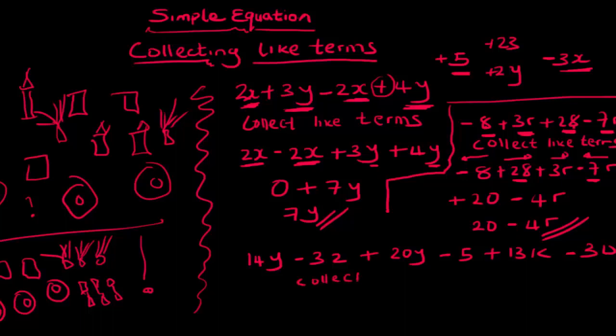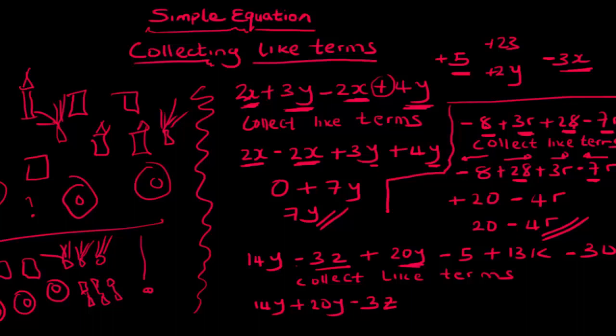So we collect like terms. Now first, y, the sign of 14y is plus, so we write 14y. We have another y here, the sign is plus, plus 20y. Then this 3z, the sign is what? Minus, so I write minus 3z.